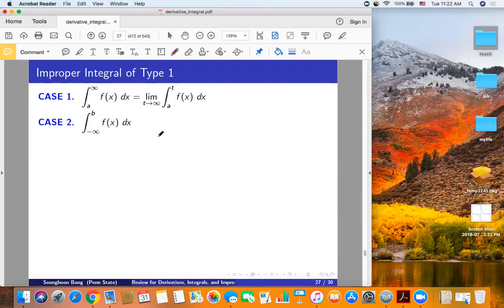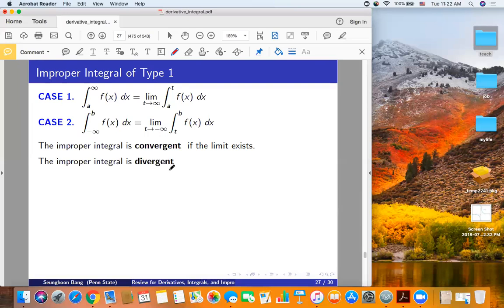You can replace the minus infinity with t, where t approaches minus infinity. So the improper integral is convergent. What does it mean? If the limit exists. The improper integral is divergent if the limit does not exist.